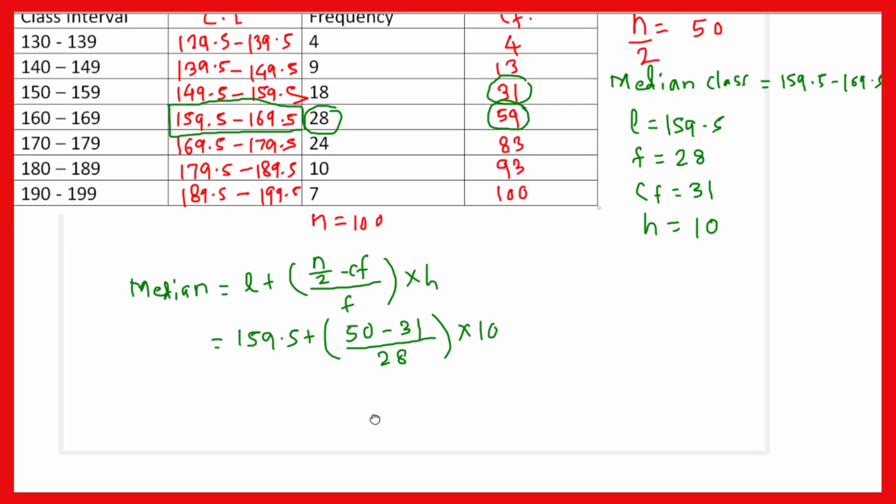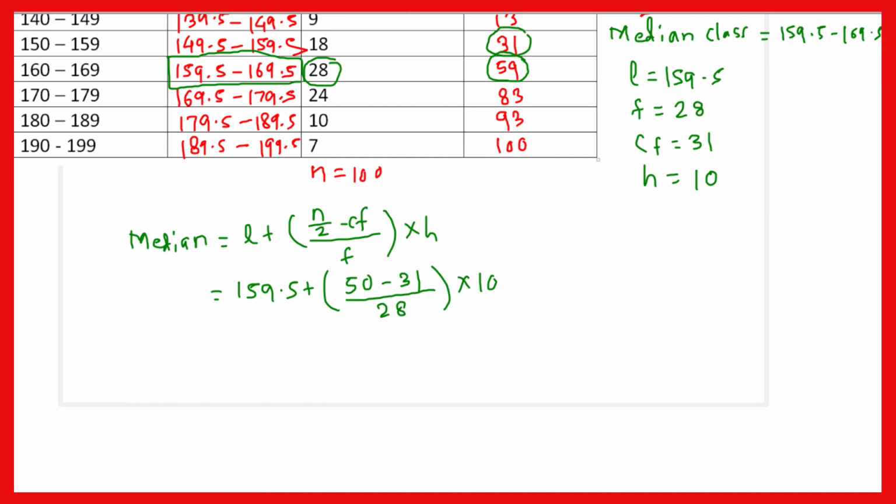Now solve this further. So here it will be, which is equal to 159.5 plus, solve this first. So it will be 19 by 28, 19 by 28 multiplied by 10.